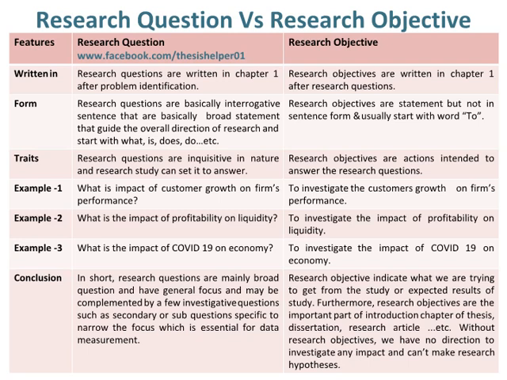Furthermore, research objectives are an important part of the introduction chapter of a thesis, dissertation, research article, etc. Without research objectives, we have no direction to investigate any impact and can't make research hypotheses.